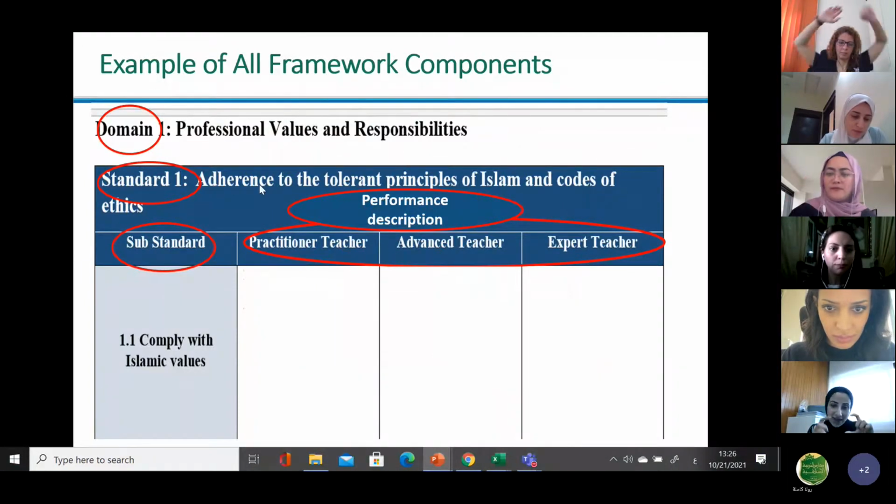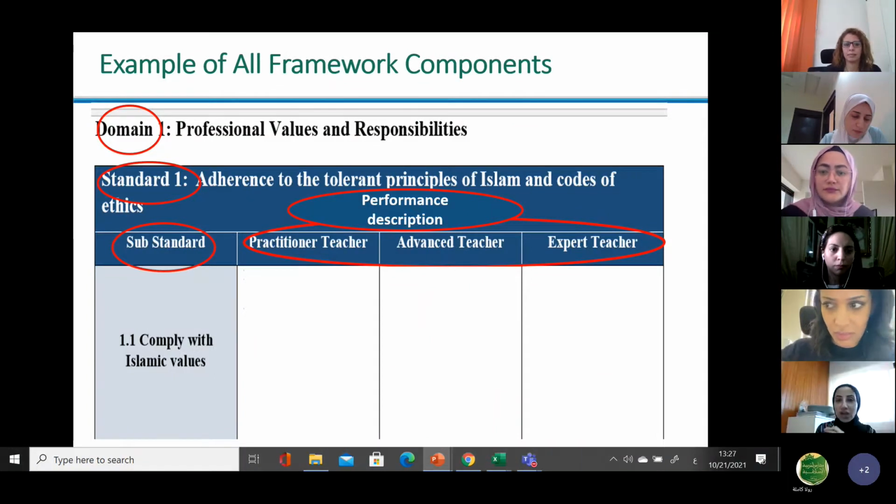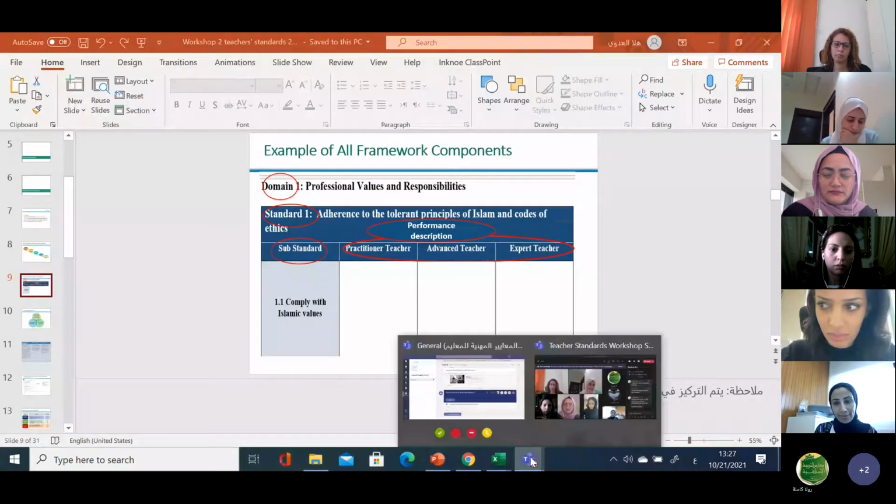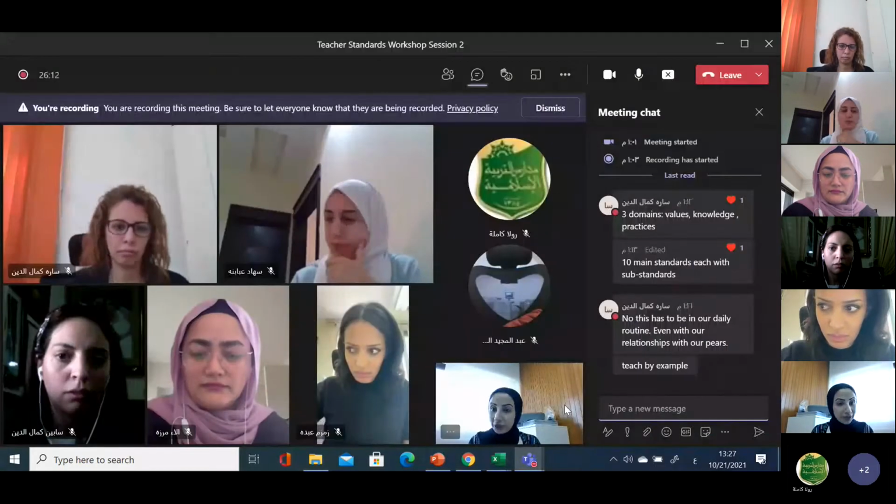The standard is a little bit more specific: adherence to the tolerant principles of Islam and codes of ethics. The substandard is now more and more specific: comply with the Islamic values. So from this example, you can decide that domain is the most general one, then I go to a standard, then to the substandard. Is it clear for all of you now?